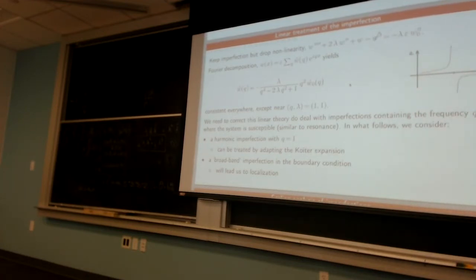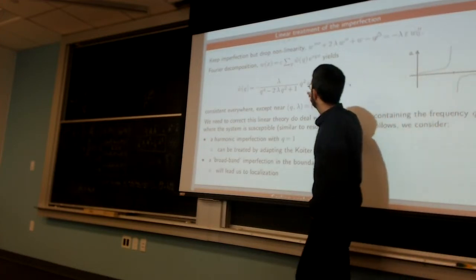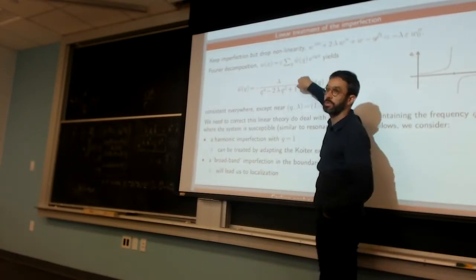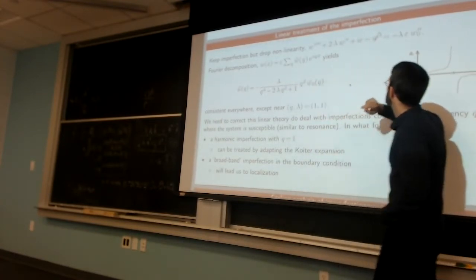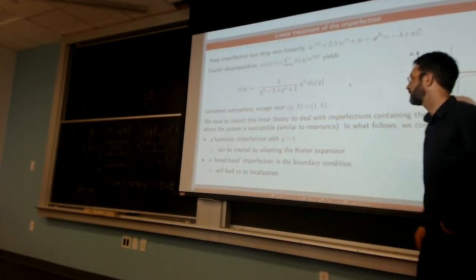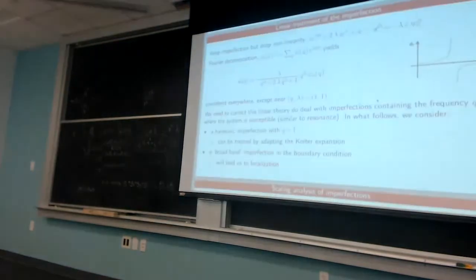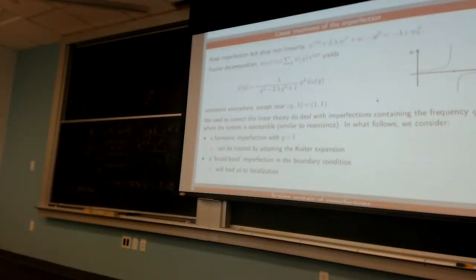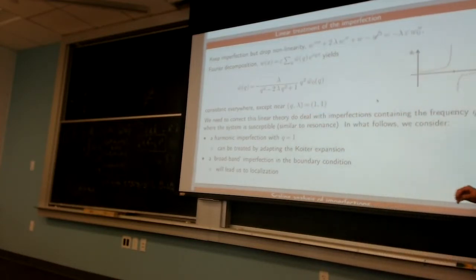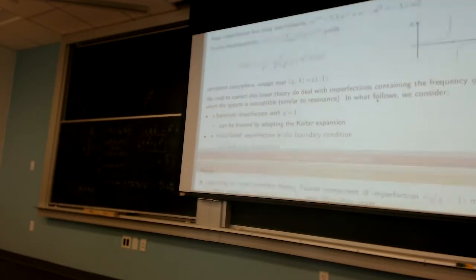And that's what we will be doing first. And the reason is that what causes the divergence here is the Fourier component associated with the critical mode. Okay, that's what makes it diverge. So it's interesting to focus on a specific type of imperfection. And then later on, I'll switch to a different type of imperfection. So this one is a little bit easier because it's a single frequency component.